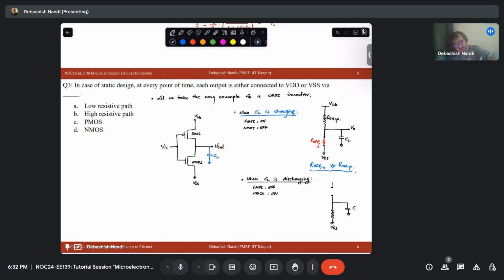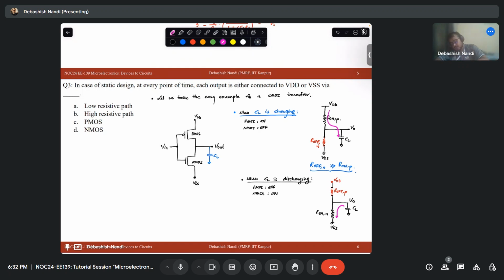So this will be CL, V0. This will be R on N. And there will be a very high resistance, almost like an open circuit, R of P. And this is VDD, let's say.